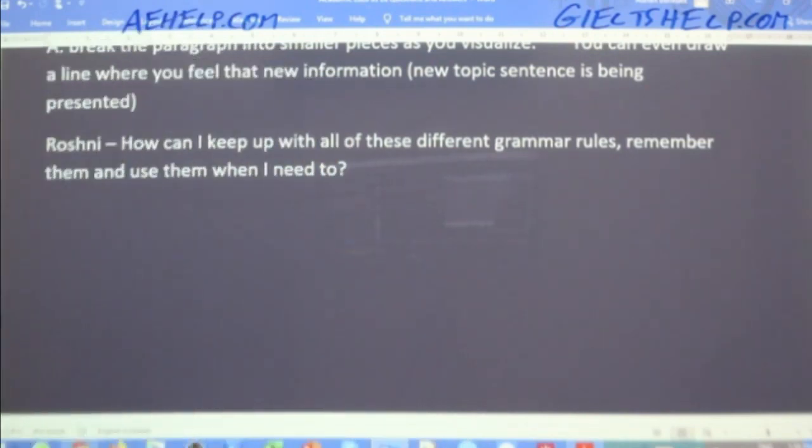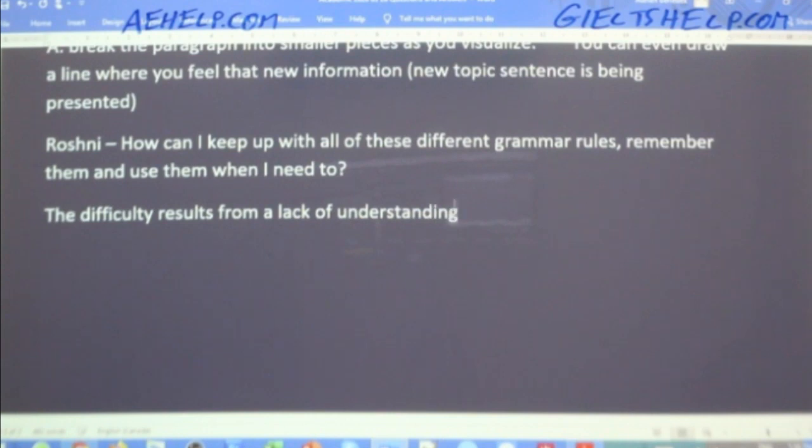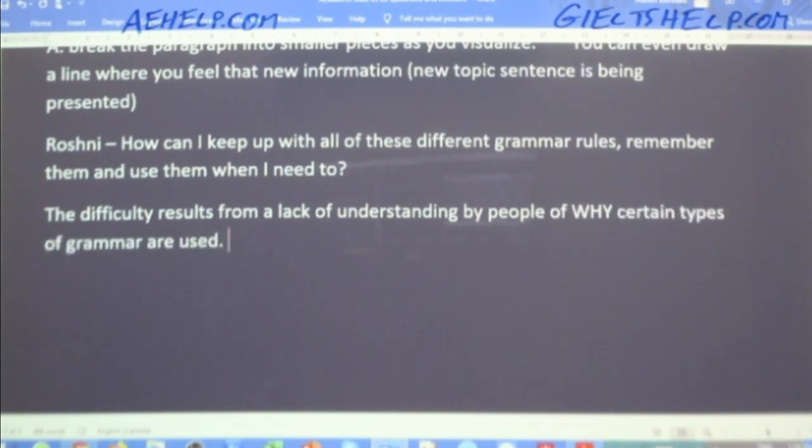So the difficulty results from a lack of understanding by people of why certain types of grammar are used. So the most important thing, Roshni, is to learn the reasons for grammar.